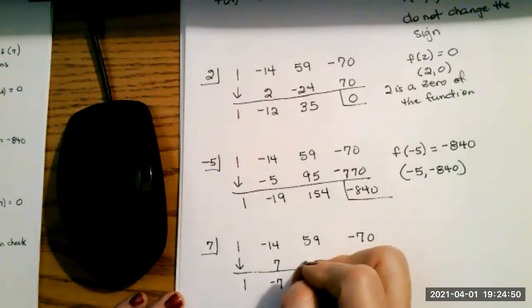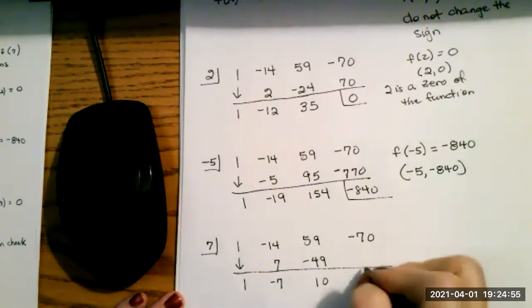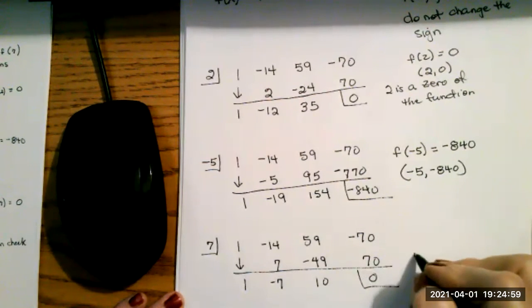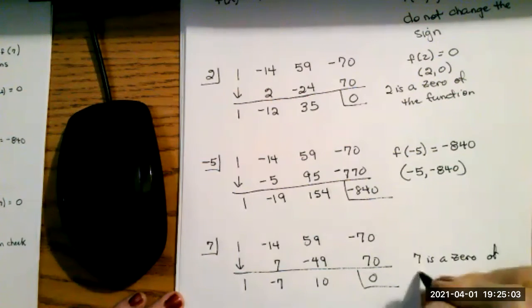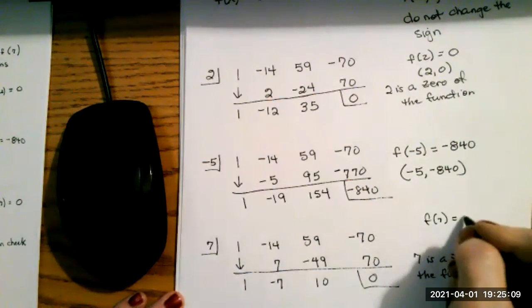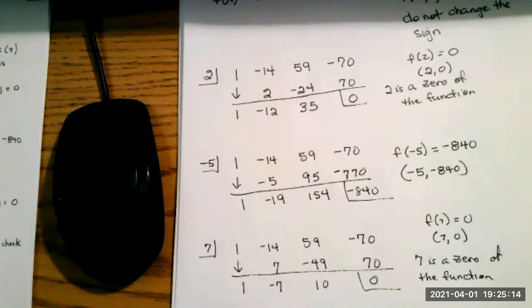Gives you a negative 49. A 10. Oh, and look, this one is a 0. So 7 is a 0 of the function. So f of 7 is going to be 0, which makes the point 7, 0.